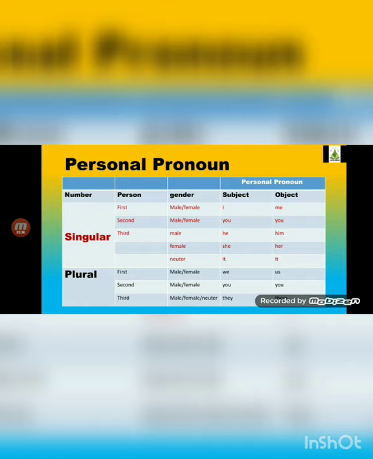I take an example. He looks happy. Take this knife and put it in the kitchen. Now here, he looks happy. We are talking about the third person, he.